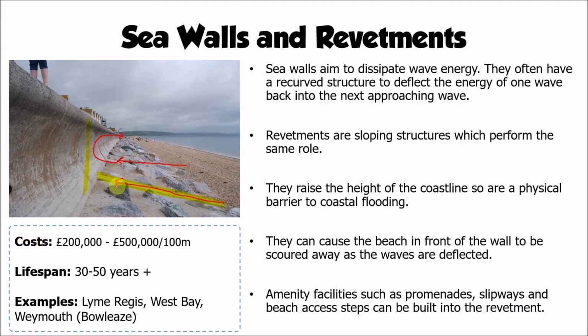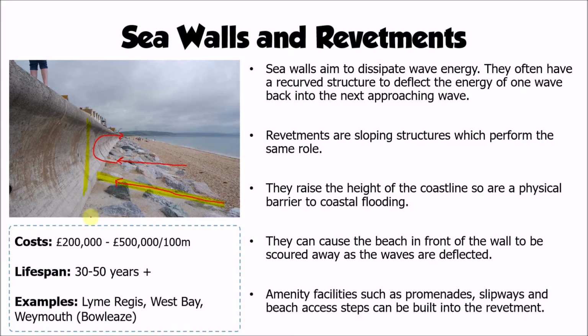The downside to them significantly is that they can cause the beach in front of the seawall to be scoured away, because as that energy is deflected back out to sea, it essentially creates quite a powerful backwash to the wave. So steps have to be taken to make sure that the beach in front of the seawall isn't lost through erosion.